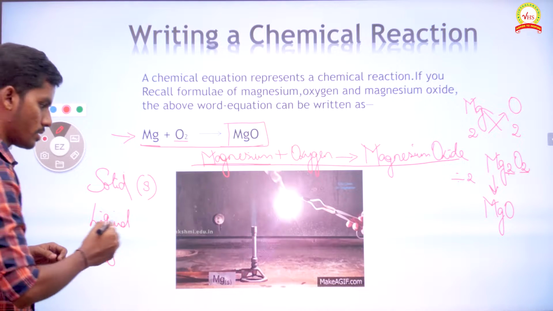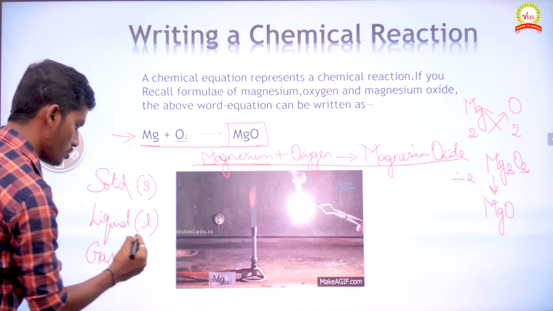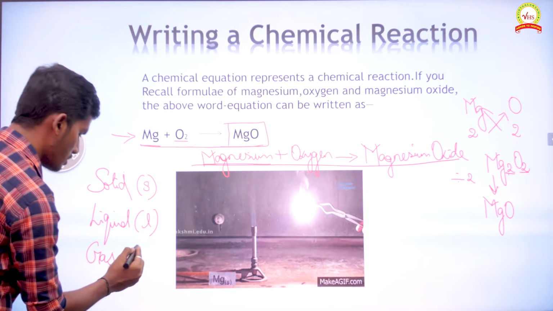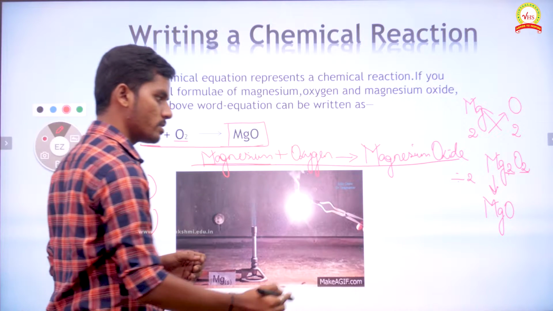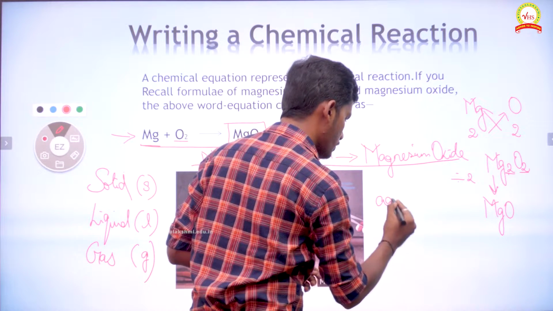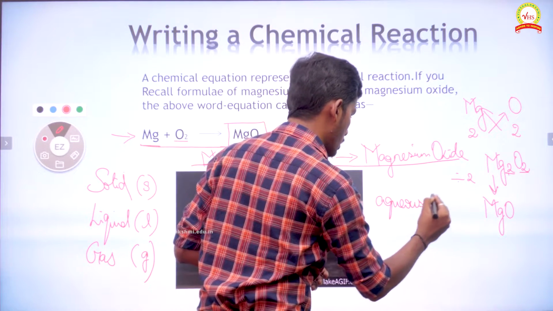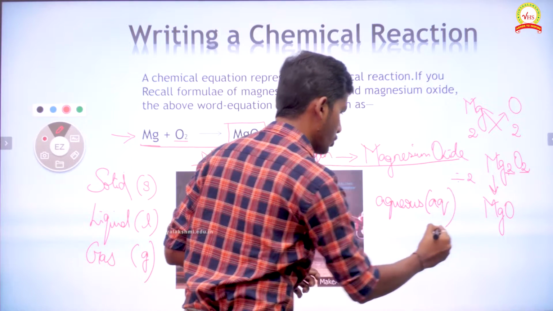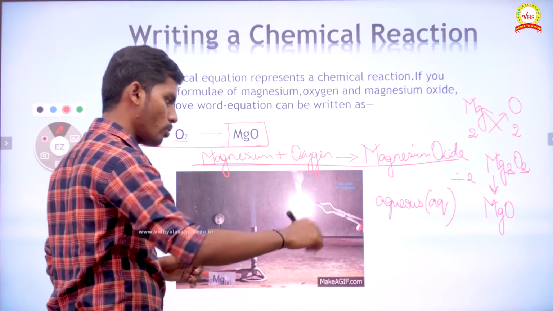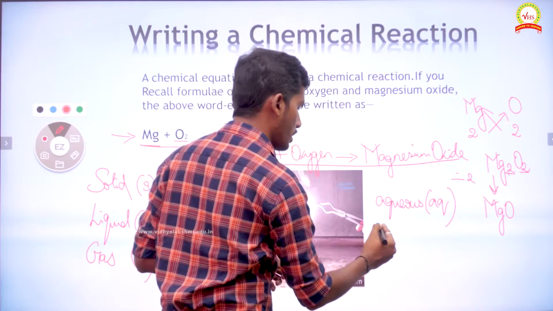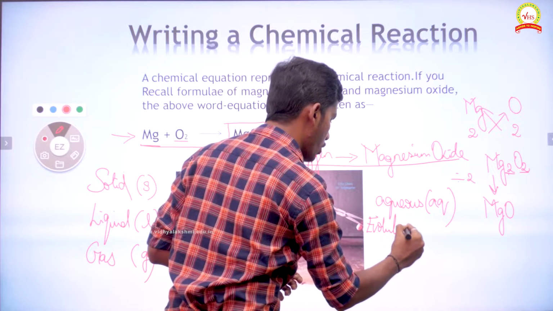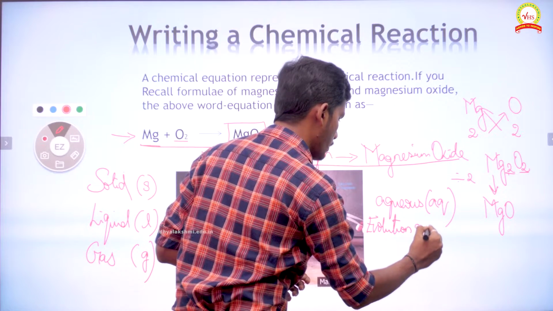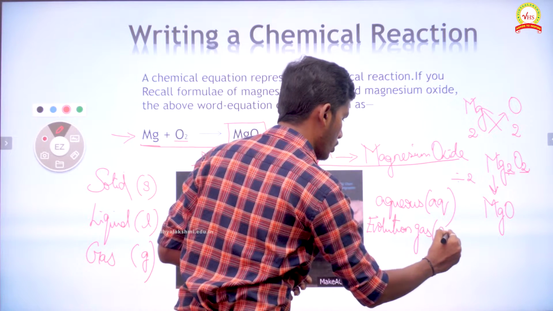If it is in liquid state, you could mention it as small l, and if it is in gaseous state, mention it as G. For example, if it is in aqueous state, you could write it as AQ. And one more thing, if gas is being evolved from that reaction, we can use an upward arrow mark.